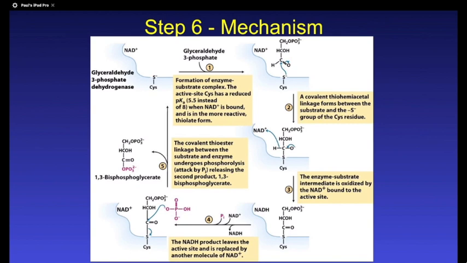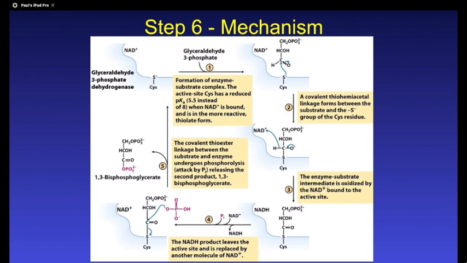Inside the enzyme, you have the NAD, which is one of the reactants, and we have a reactive cysteine. What's important, and you should understand, you may need to go back and look at all of the amino acids and know all 20 amino acid R groups, and the category they fall into. Are they acidic?